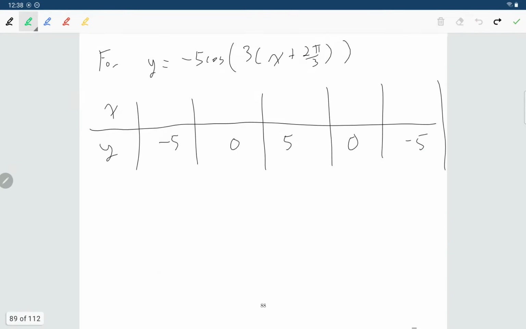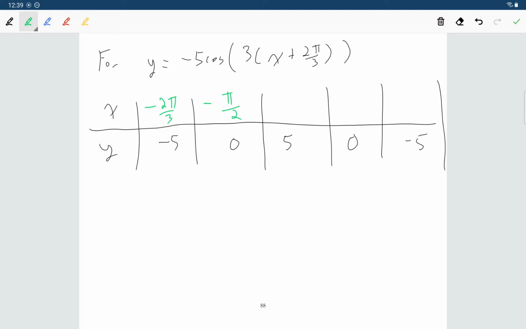So my first x value is 0, and 0 minus 2 pi over 3 is negative 2 pi over 3. For the next x value, which on the previous page I had as pi over 6, pi over 6 minus 2 pi over 3, I can see as a fraction should be negative pi over 2. The next one that we had was pi over 3.